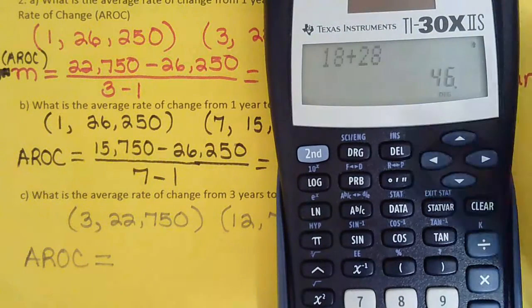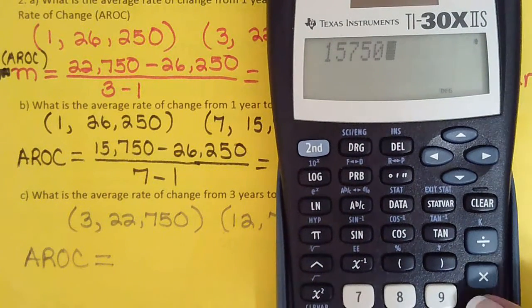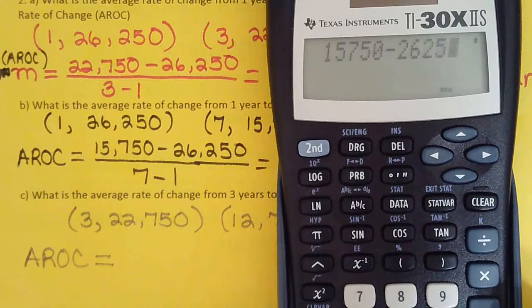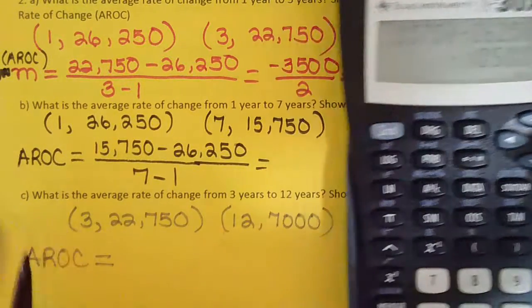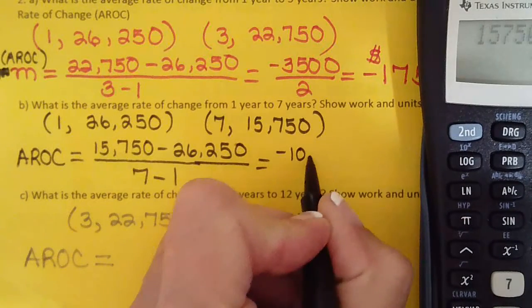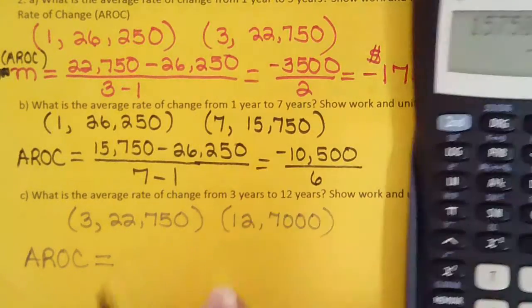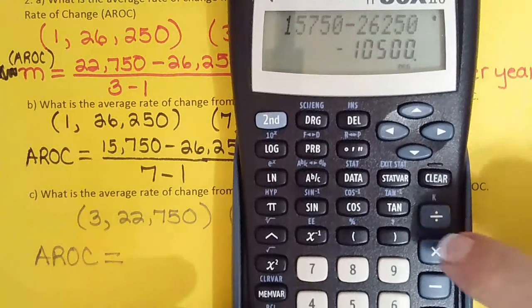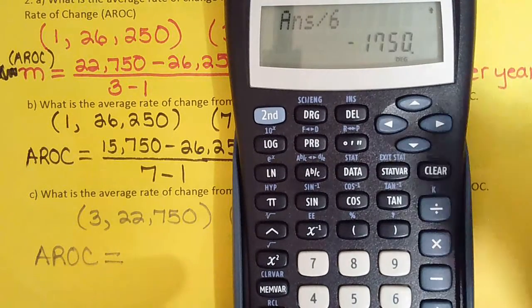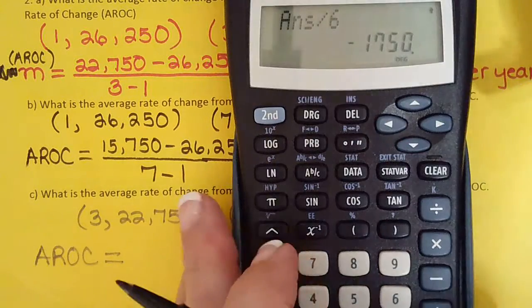That comes out to be 15,750 minus 26,250, negative 10,500, over 6. With that still in our calculator, we can hit divide by 6. Boom, there it is again.